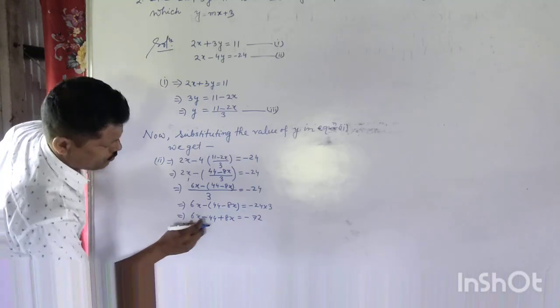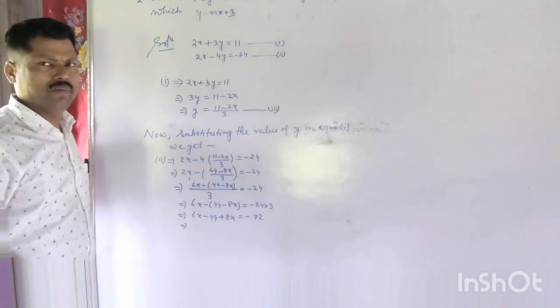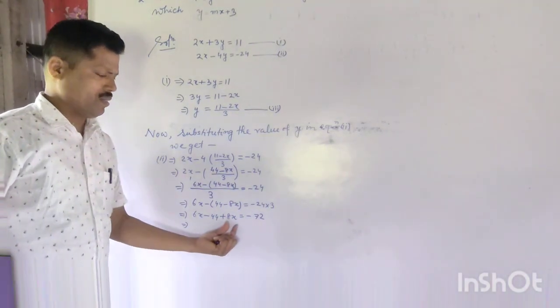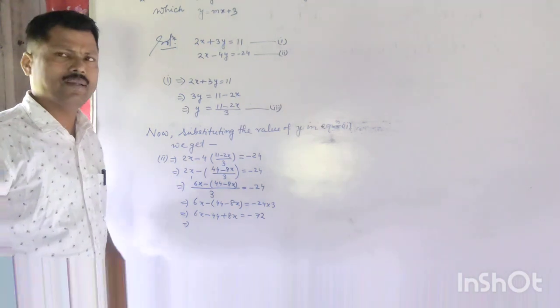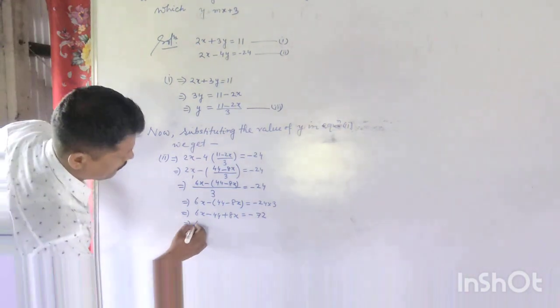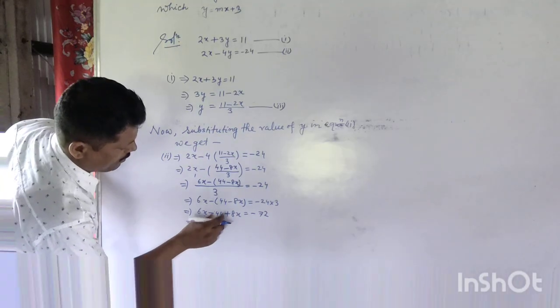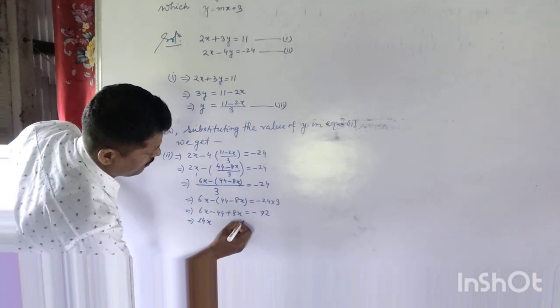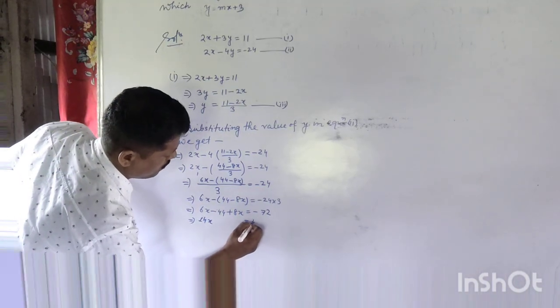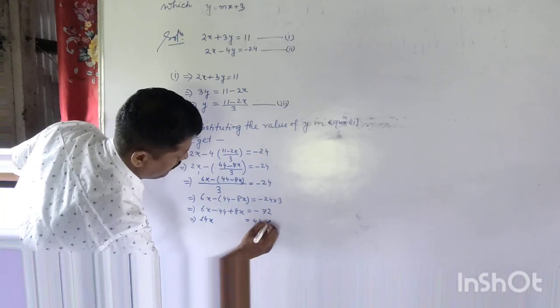Then 6x positive and 8x also positive. 6x plus 8x, that means 14x will be there. 14x, and this minus 44 will transfer to the right hand side, then it will be plus 44, minus 72.